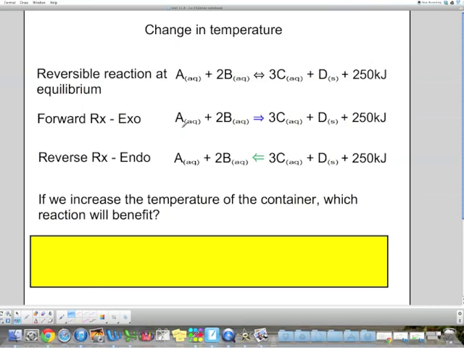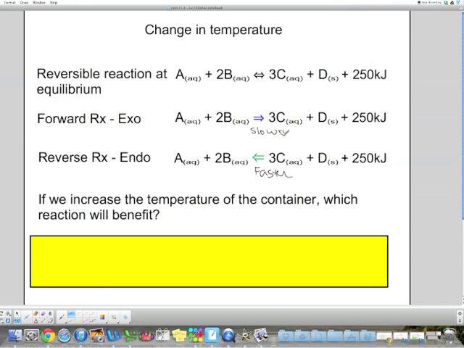Well, if we look at the exo, the forward reaction is exo, so my reactants do not need that extra energy. That's not going to help them. But if we look at the reverse reaction, which is endothermic, that one will benefit from the increased energy. So that means this one is going to start going faster, and by default, this one will become slower.